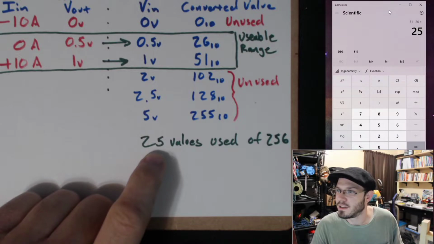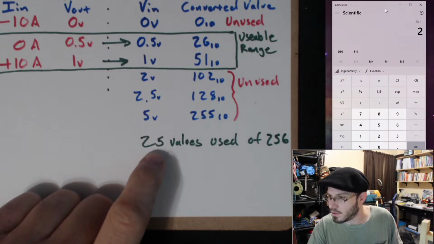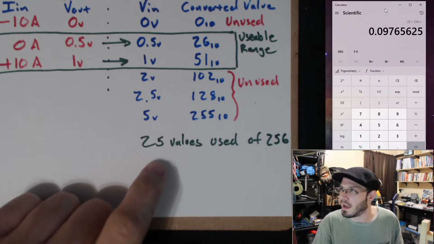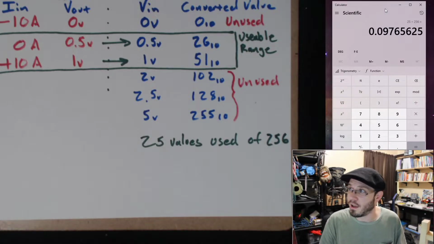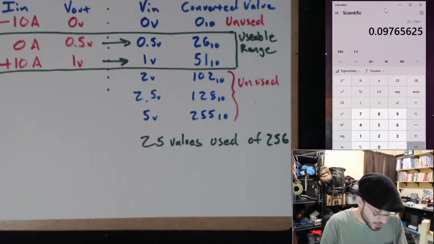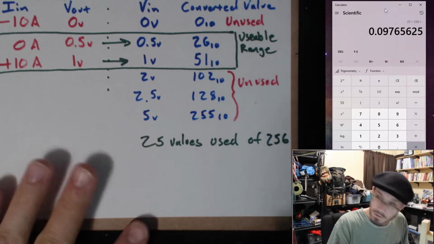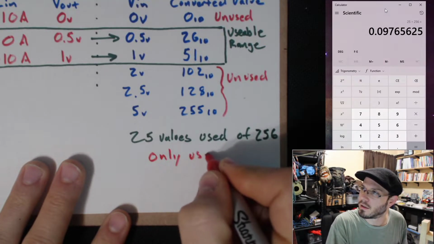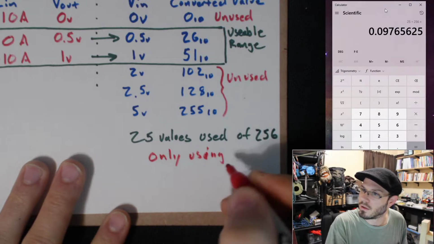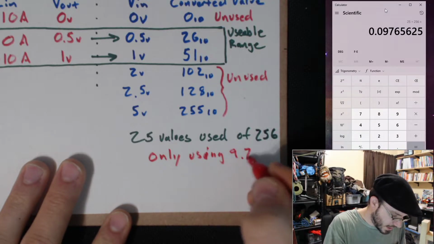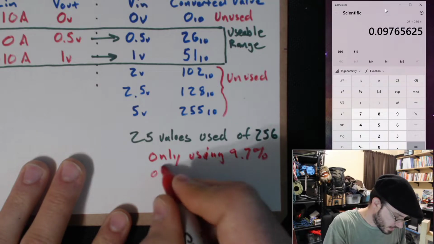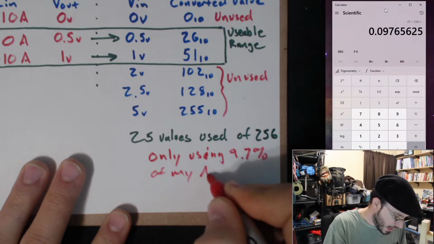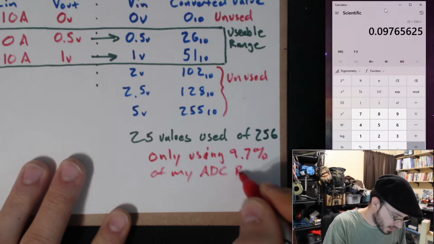So if I take 25 and divide that by 256, great. I'm only using 10% of my ADC range. Only using 9.7% of my ADC range.